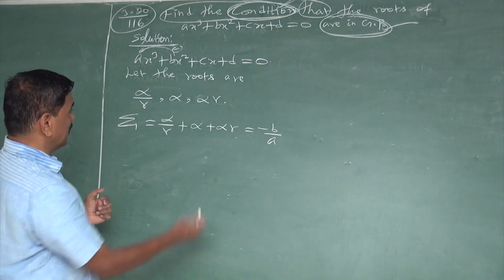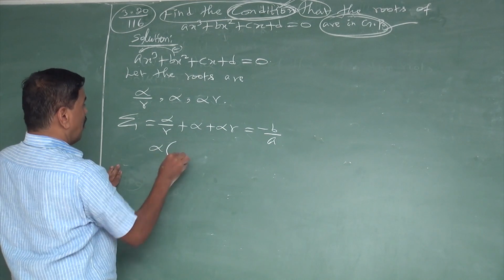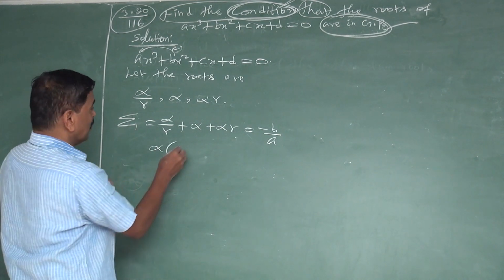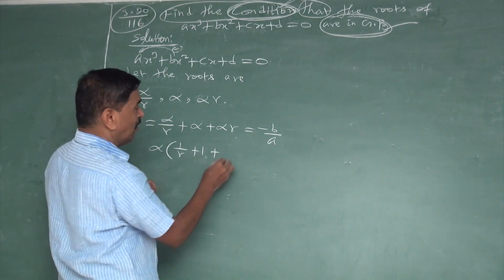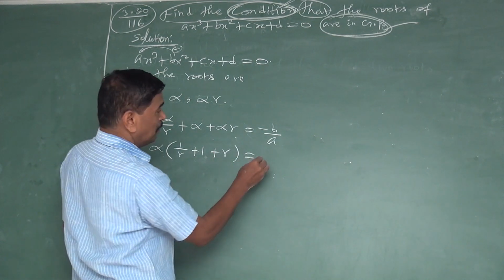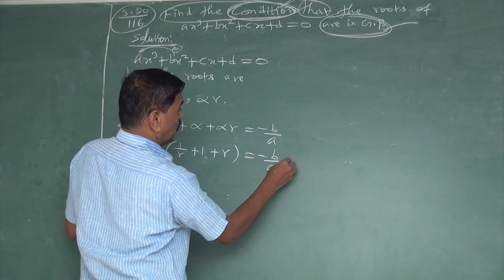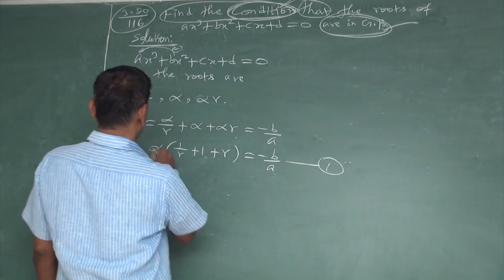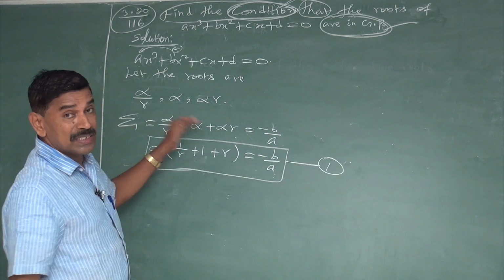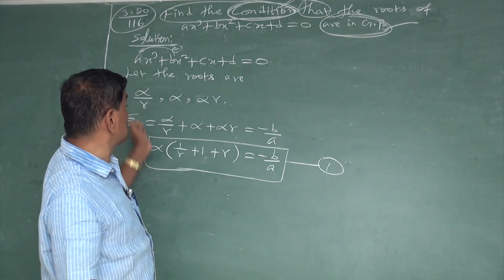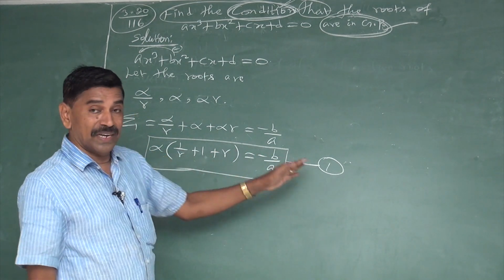Very good, alpha is common on the left hand side: alpha into 1 by r plus 1 plus r, which is equal to minus b by a. Let it be the first equation. So sigma 1, the sum of the roots taken one at a time, equals minus b by a, and taking alpha common we get the first equation.